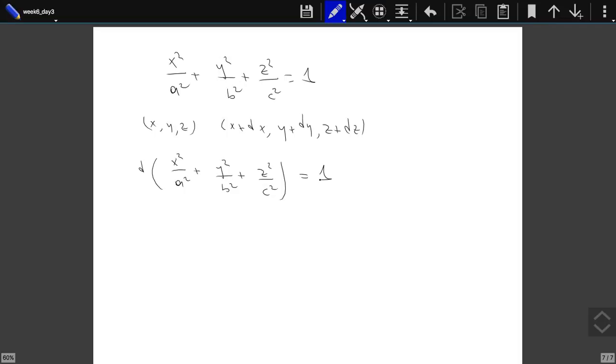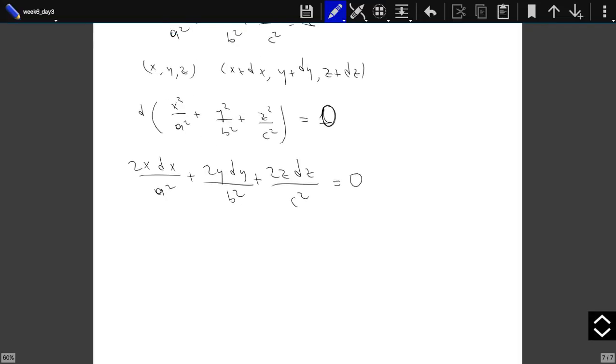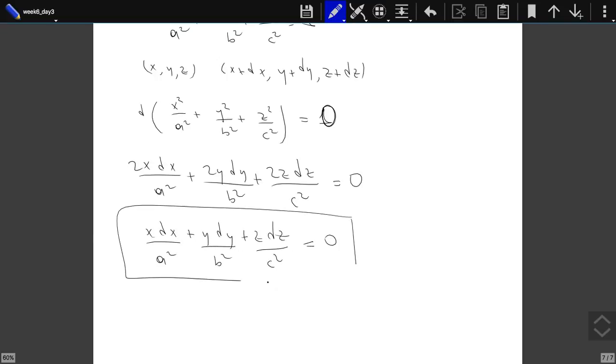I can write this differential in terms of dx, dy, dz as 2x dx over a squared plus 2y dy over b squared plus 2z dz over c squared, and this is equal to 0. So for any two points on the surface very nearby, x dx over a squared plus y dy over b squared plus z dz over c squared should be equal to 0.